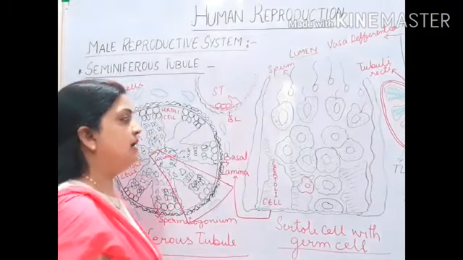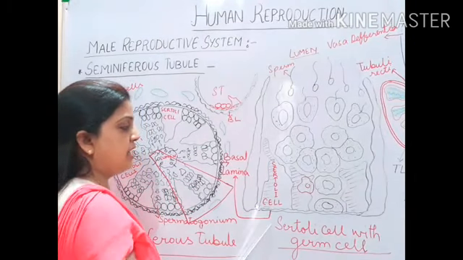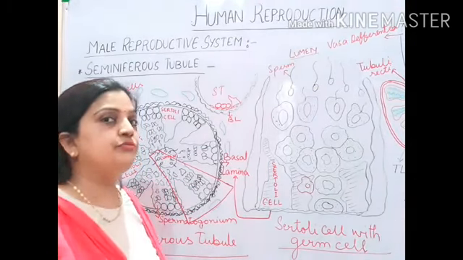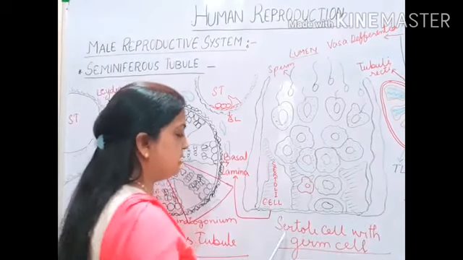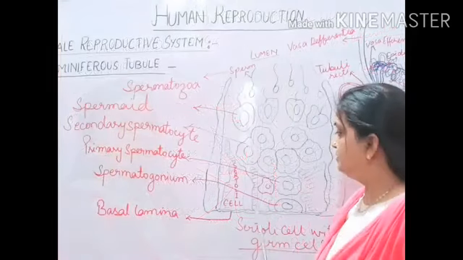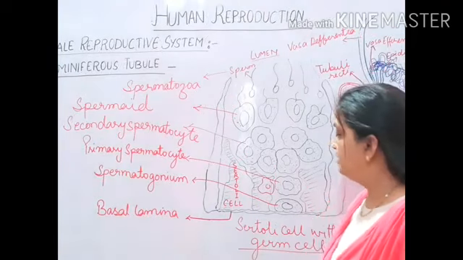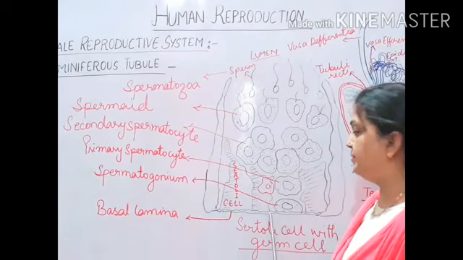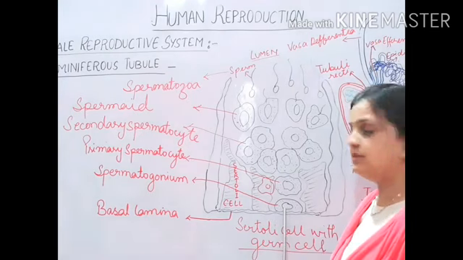So children, I will repeat it again, how the development of spermatogonium cells will take place. So this was the diagram of Sertoli cells with the germ cells. Children, these are the various labelings I have mentioned in this diagram now. So this was your basal lamina. This is your spermatogonia cell.